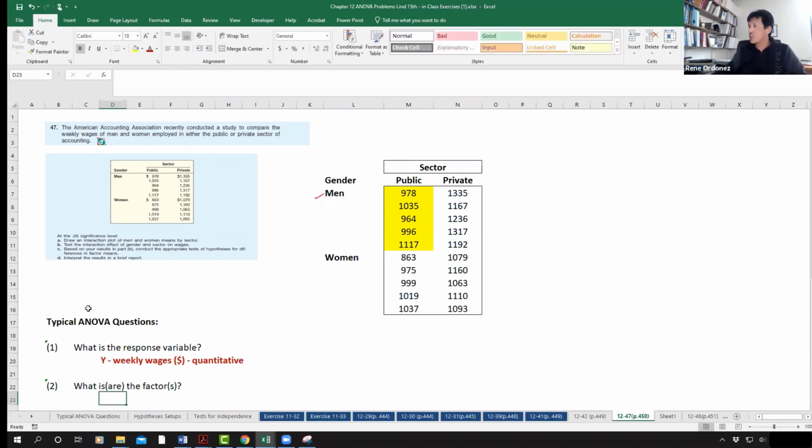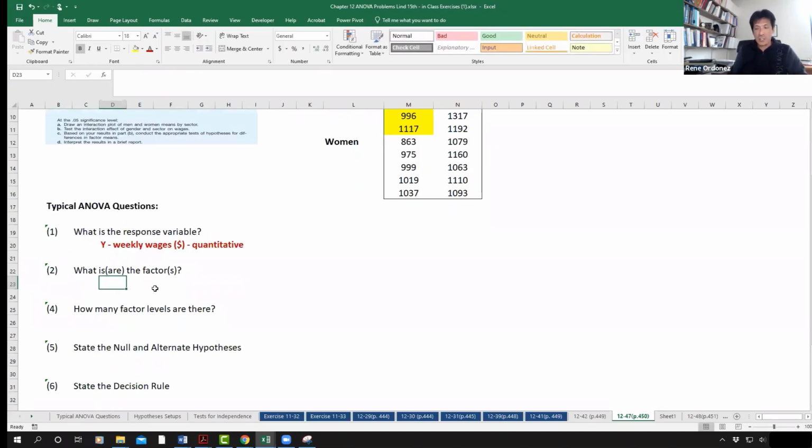And there are 2 factors. The factors are X1, gender, which is qualitative, and X2, sector, which is also qualitative. How many factor levels are there for X1? There are 2: male, female.